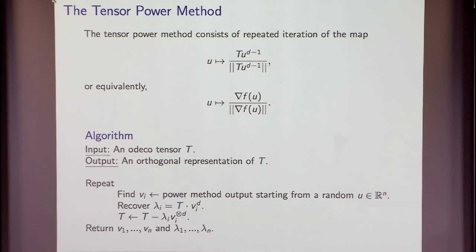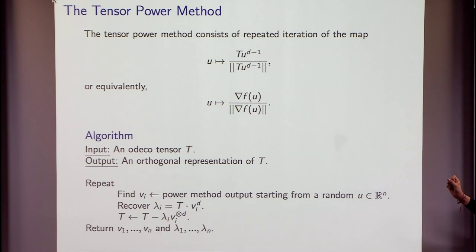And what is the algorithm to recover the orthogonal decomposition of T? You start with some random u in R^n, and then you do the power method and you recover some vector v_i. Maybe you have to do a little bit more to make sure that it's robust.